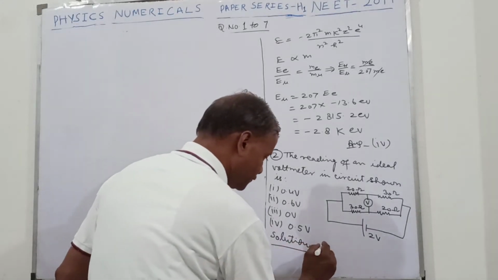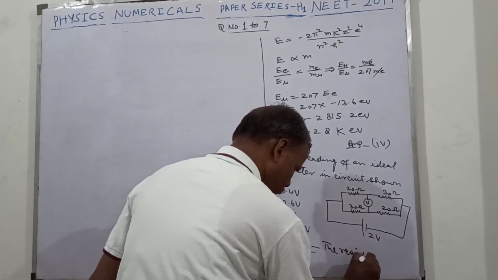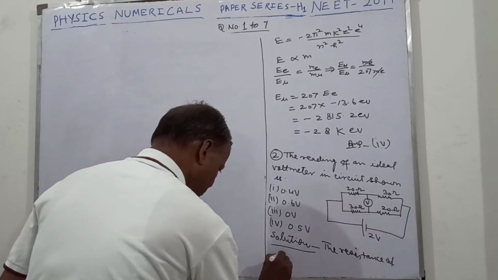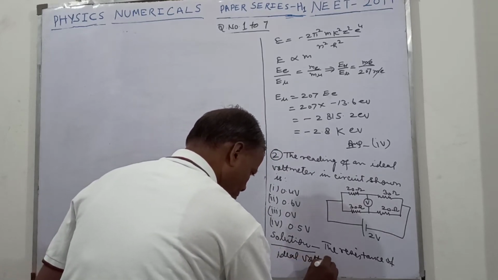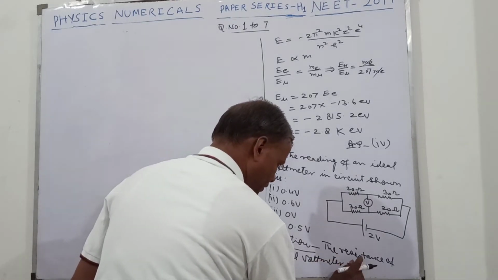The resistance of an ideal voltmeter is equal to infinity.